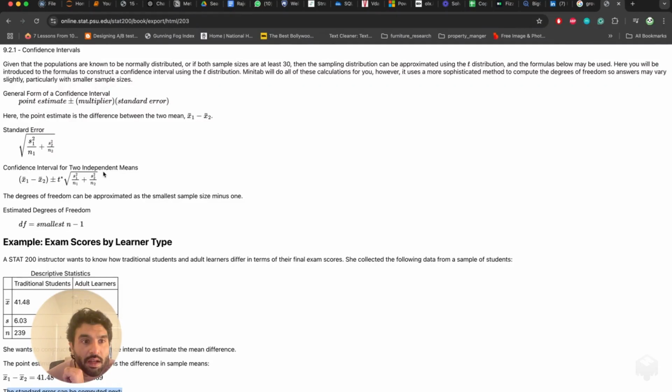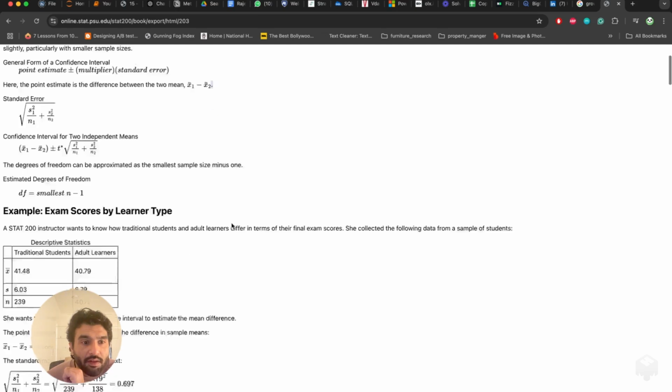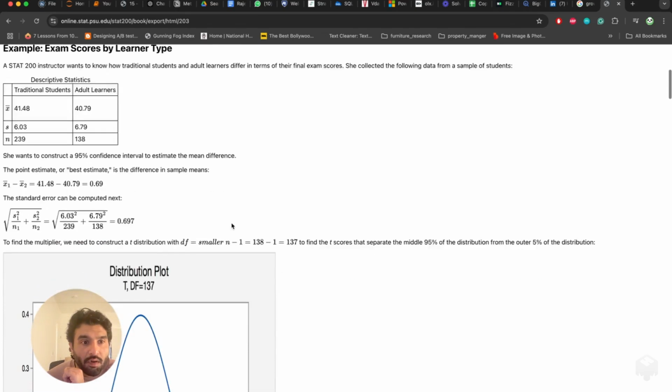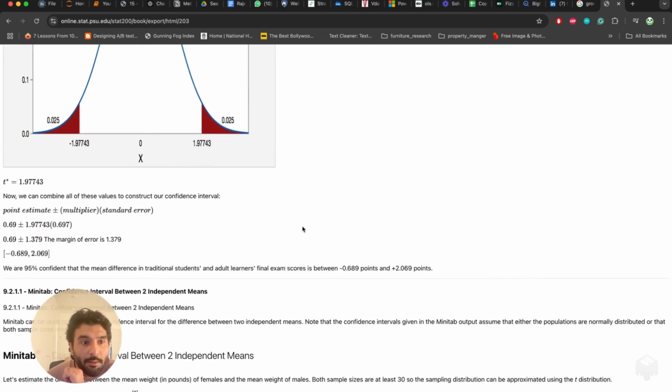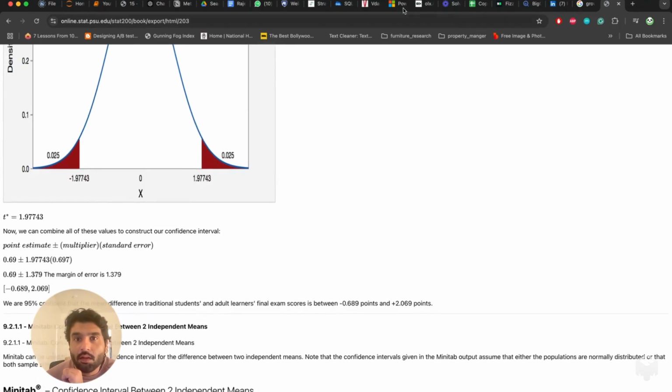We divide the difference by the standard error, if you remember how to get the test statistic formula. So let's see how we can do that.